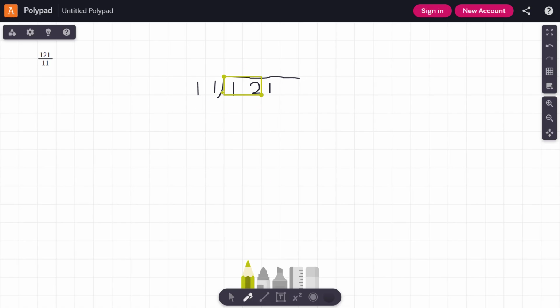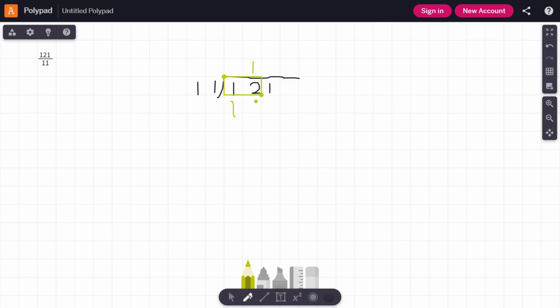And then, how many times does 11 go into 12? Well, 1 time, right? So 11 goes into 12 1 time, and then we're gonna write the 1 at the lowest digit we circled here. How many is 11 multiplied by 1?